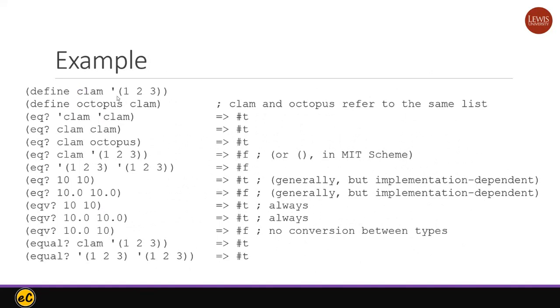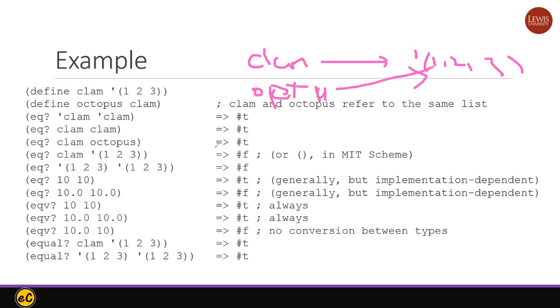So let's look at this one. We do have defined clam as 1, 2, 3. So this one, clam is pointing to a list of 1, 2, 3. And then define apters. So apters are also pointing to the same data.